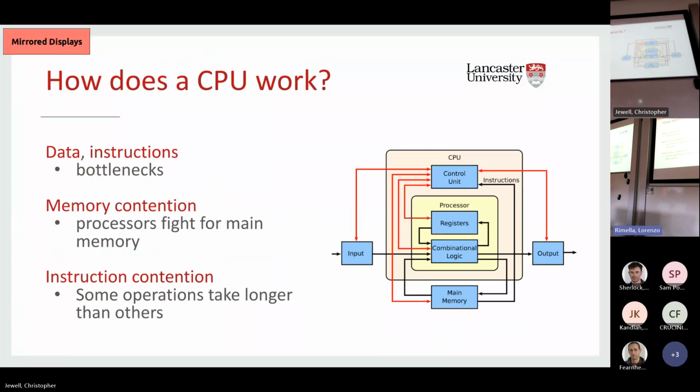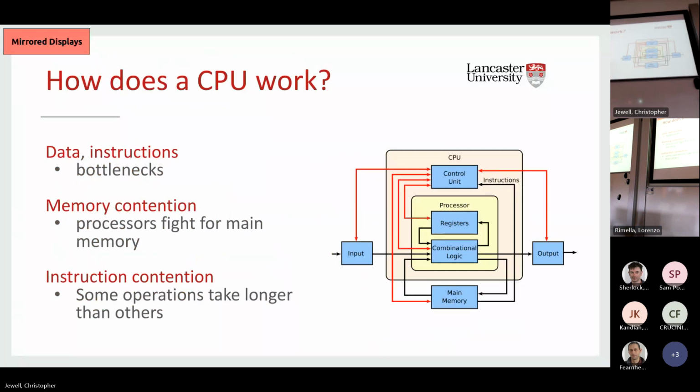Then inside what you might think of as the processor itself, we've got two blocks. So the first is the registers. And the registers are a tiny, tiny bit of memory that sat inside the processor itself, right next to the combinatorial logic block, which is commonly called the arithmetic logic unit, the thing that does the adding, dividing, and multiplying, nots, ands, etc. Does the actual work on the data.